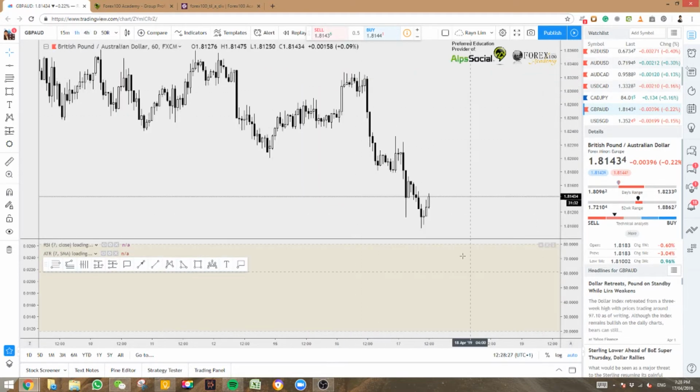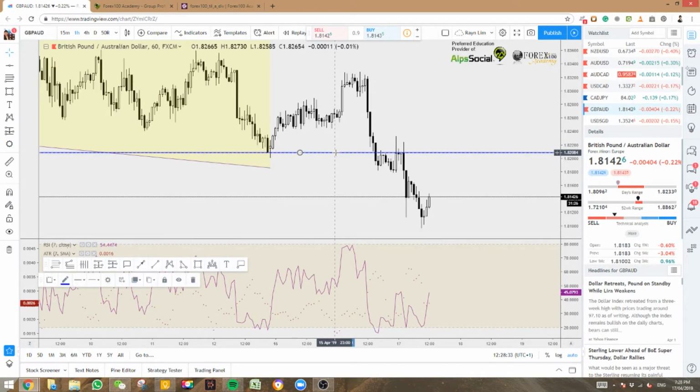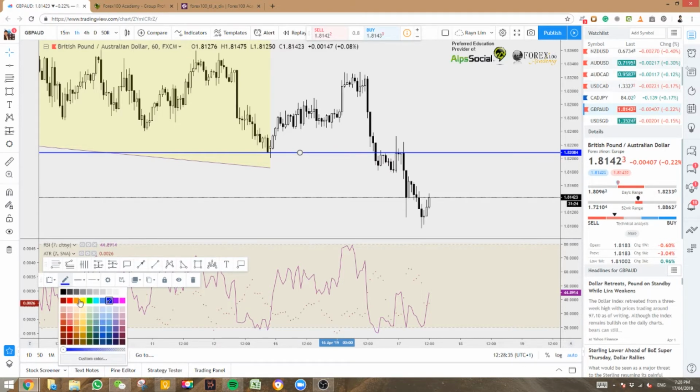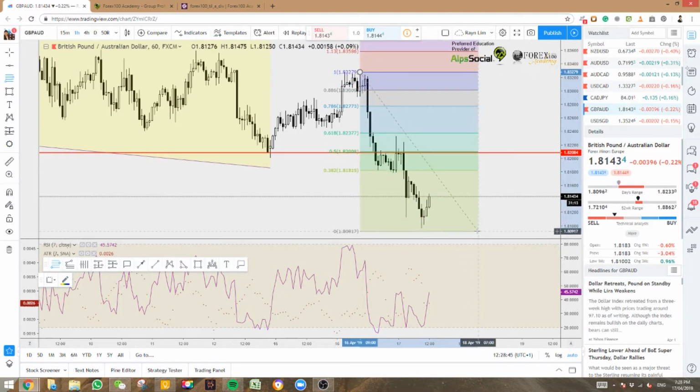On the 1 hour chart, there's a downtrend movement. The next closest thing I can do is to wait for a shorting opportunity over here. Sell price over here. Let us bring in the Fibonacci retracement again from recent high to low, 50% retracement.